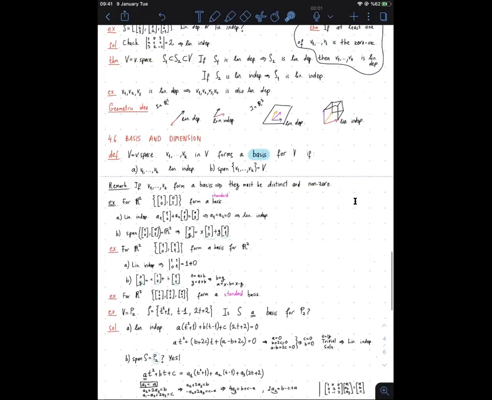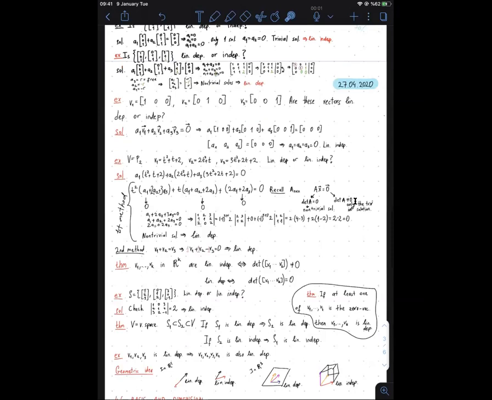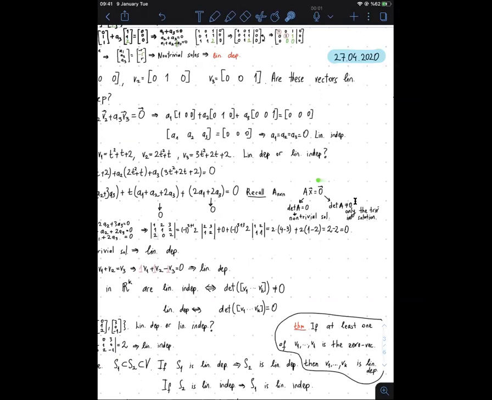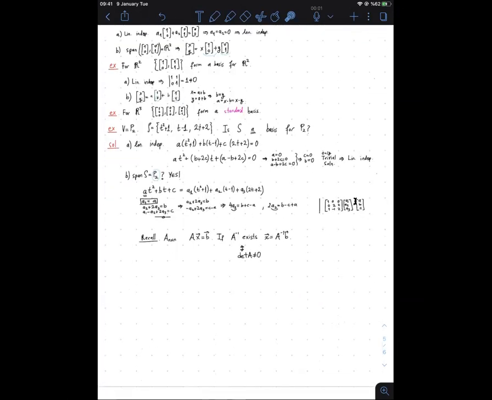Where did we do it? Yeah, I think we did it here. So we looked at this equation. If the determinant is zero, then there are non-trivial solutions, and it is linearly dependent. But if the determinant is non-zero, then the only solution is the trivial solution. So for this example, just checking the determinant of this coefficient matrix was enough.